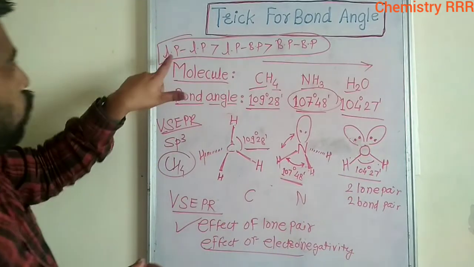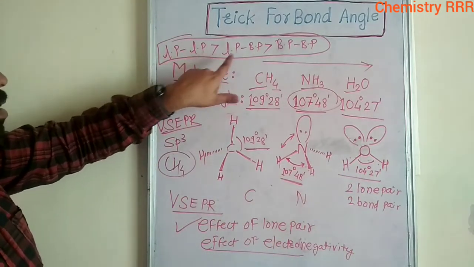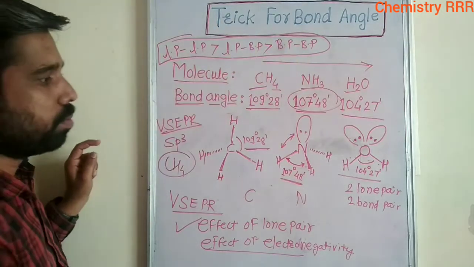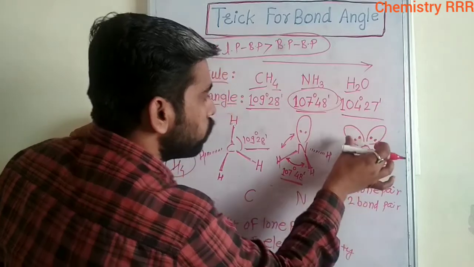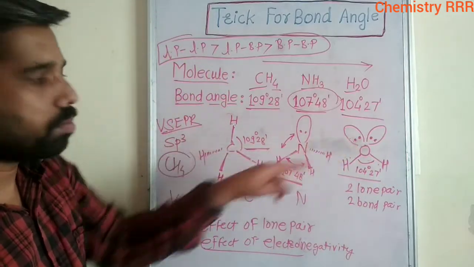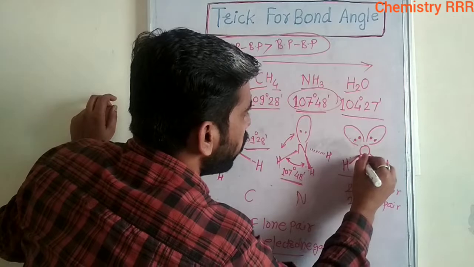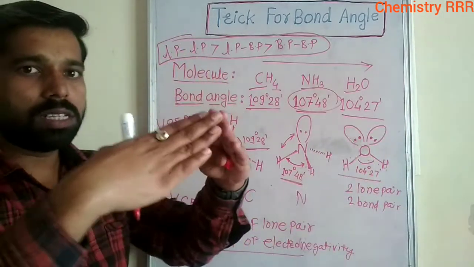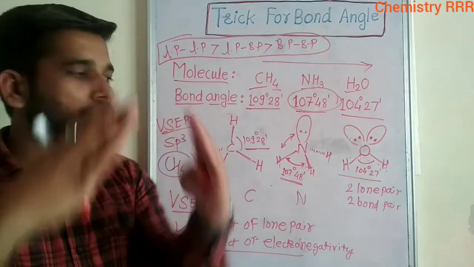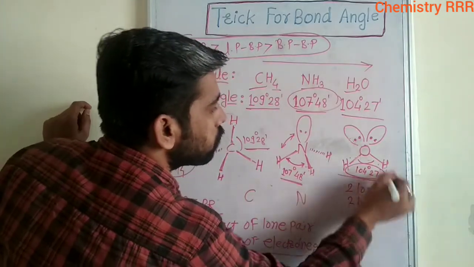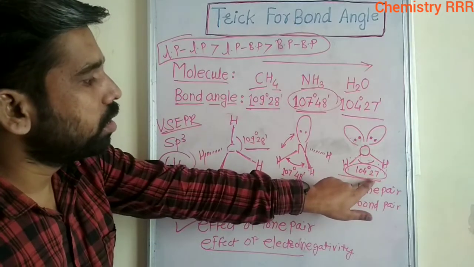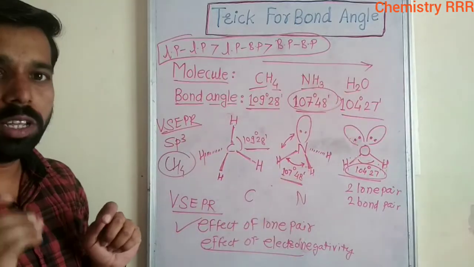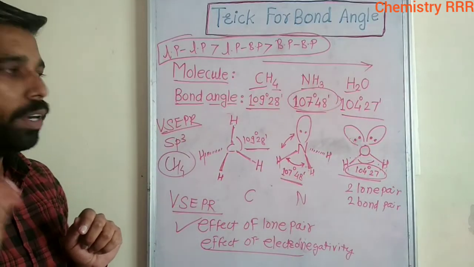You know that lone pair repulsion is greater than lone pair bond pair repulsion, then bond pair repulsion. Because of the presence of these two lone pairs, the bond angle between hydrogen, oxygen and hydrogen decreases from the ideal tetrahedral angle, and it becomes 104 degree 27 minute. So the bond angle for the water molecule is 104 degree 27 minute.